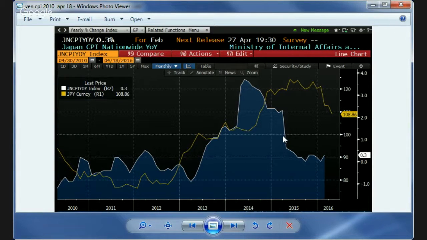Just to summarize what I've said so far today. The strengthening of the Japanese yen after the BoJ rate increase is based on a number of factors.